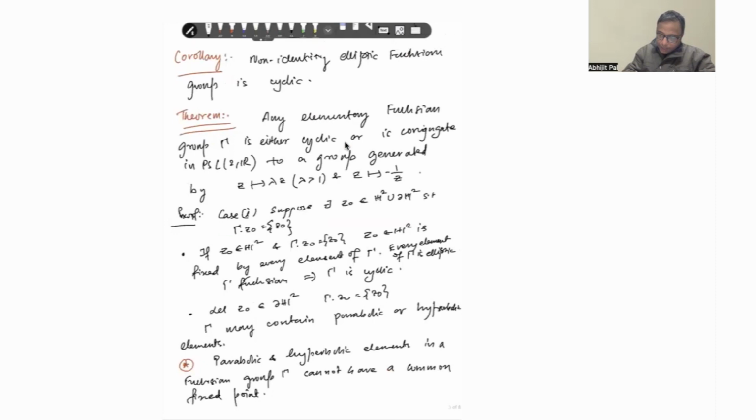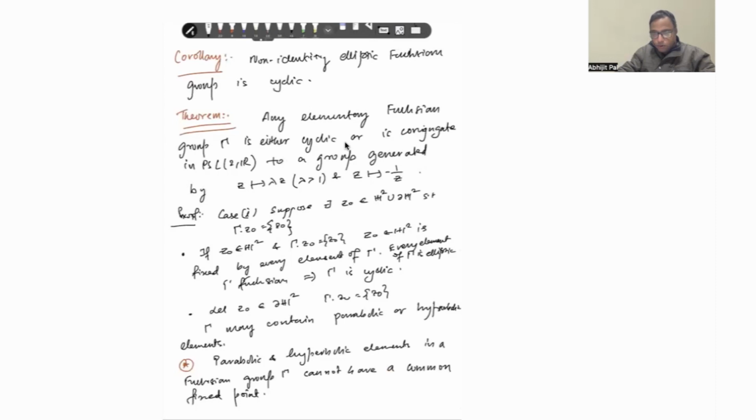So a non-identity elliptic element Fuchsian group is cyclic. If I take a gamma which is Fuchsian and contains a non-identity elliptic element, then all the elliptic elements will fix a single point.